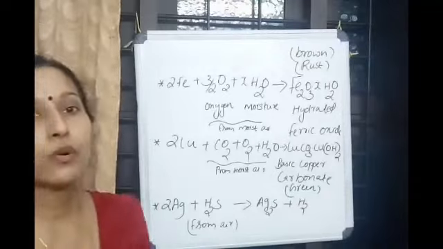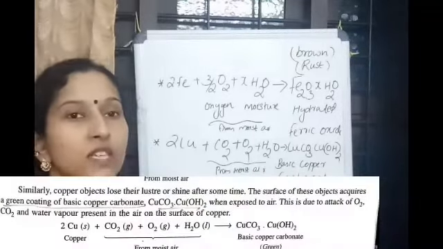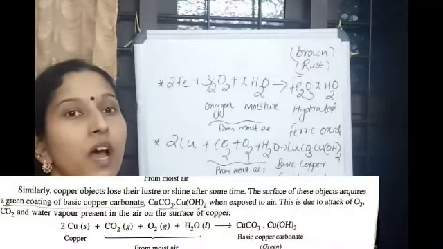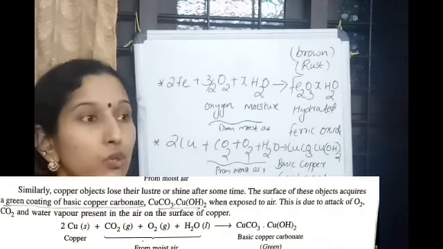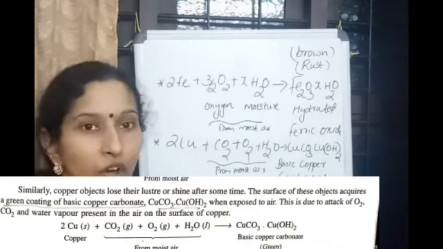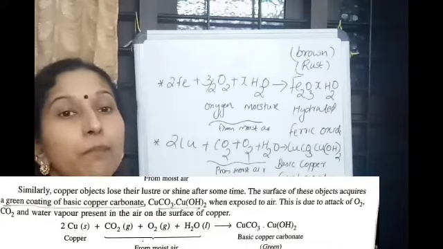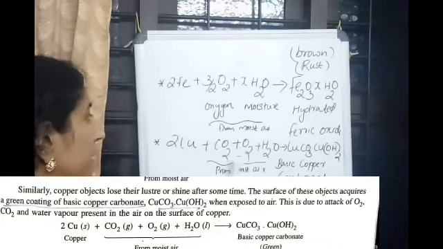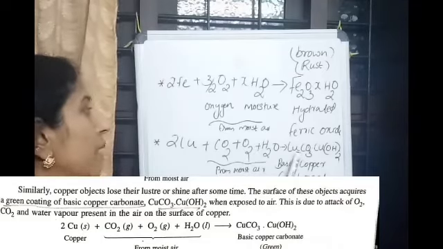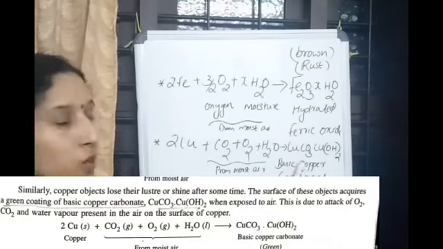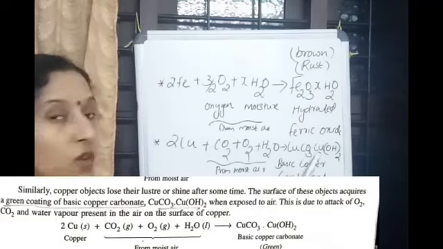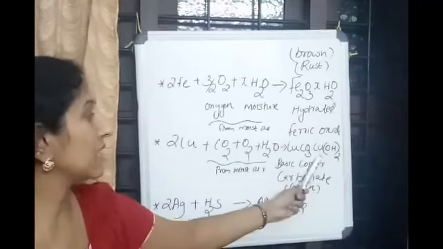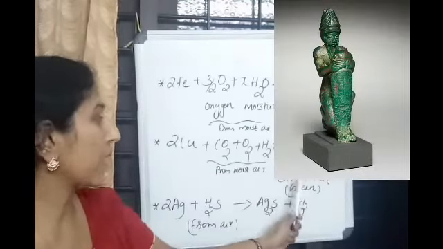Similarly, copper utensils lose their shine or luster after some time. This is due to the deposition of green colored basic copper carbonate. See, copper, on reacting with this, forms basic copper carbonate. So that greenish deposit over the copper article is basic copper carbonate.